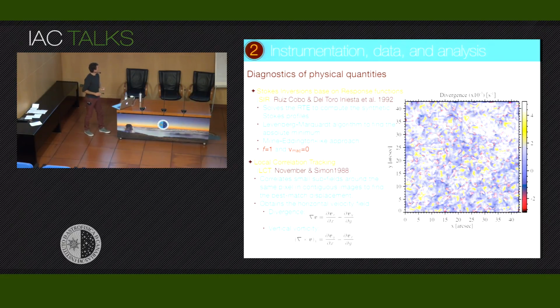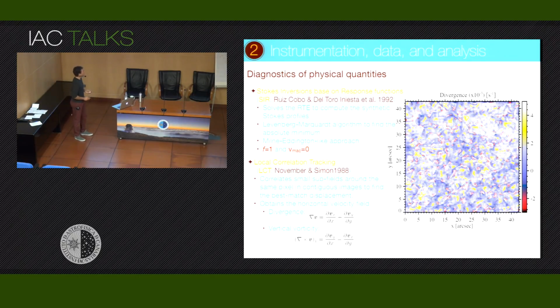In this way, we can obtain the horizontal velocity maps. And from these velocity maps, we can also compute the divergence and the vertical vorticity. In this image, in colors, I show the divergence, and with white arrows, I show the horizontal velocities.